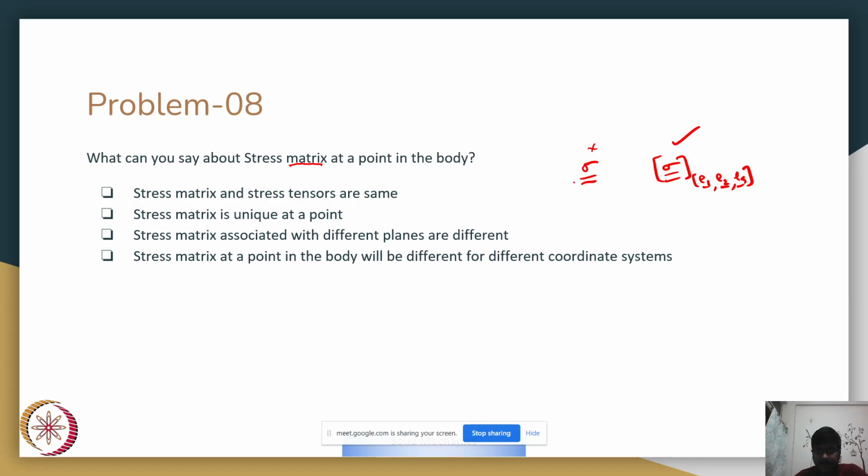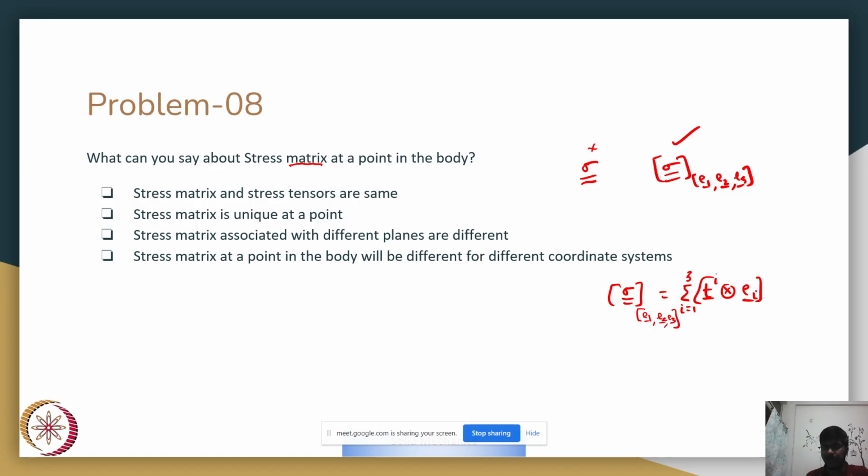Stress matrix may vary depending on the coordinate system. Correct. If you go back to the definition of how you calculate it, the summation of this tensor product gives you the matrix representation of the stress tensor.